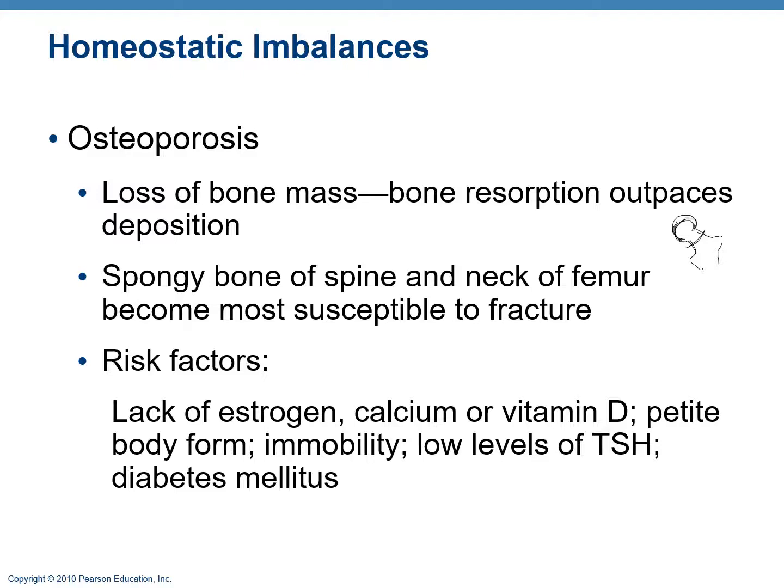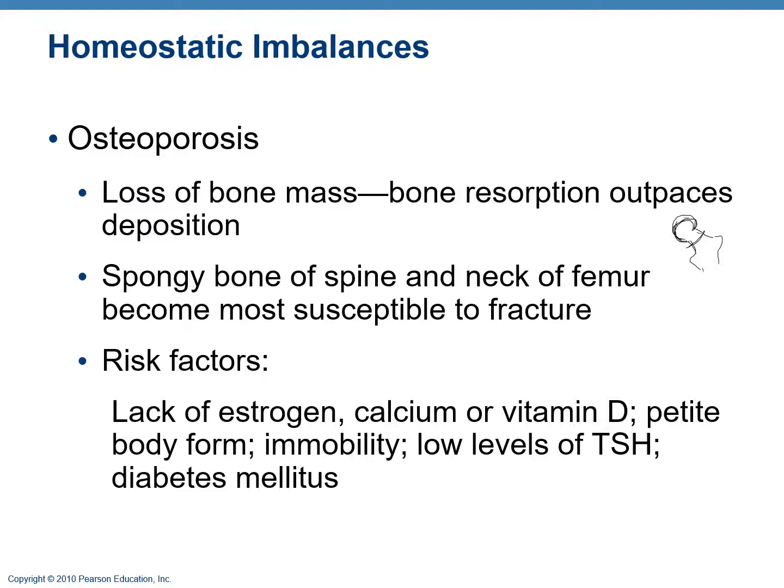And some risk factors for osteoporosis are going to be a lack of estrogen, calcium, or vitamin D, petite body form, immobility, so being more sedentary, maybe not exercising, certainly not doing weight-bearing exercise, for example.